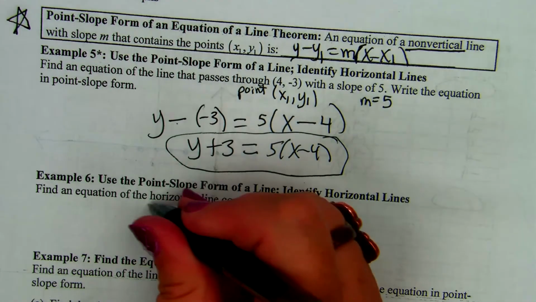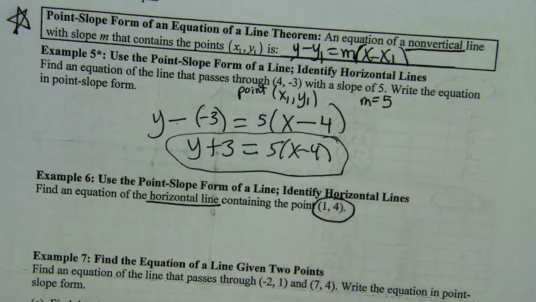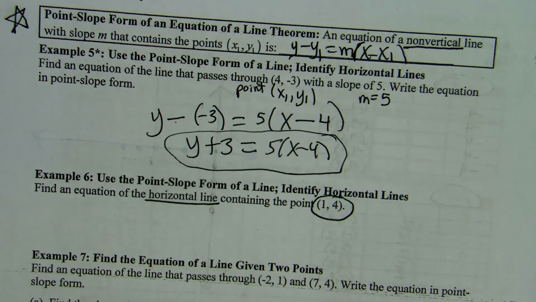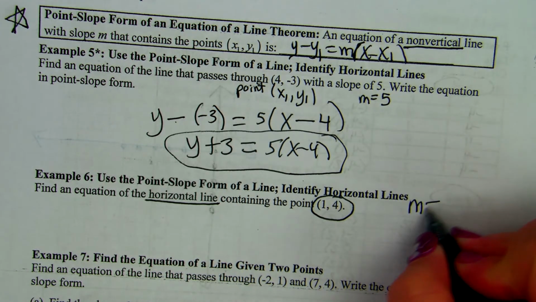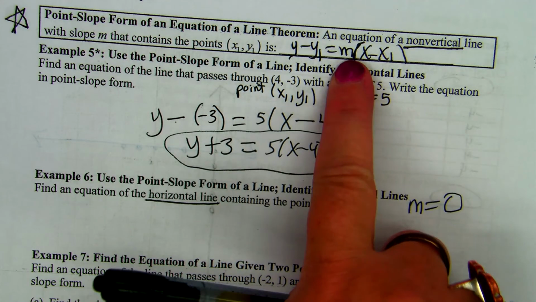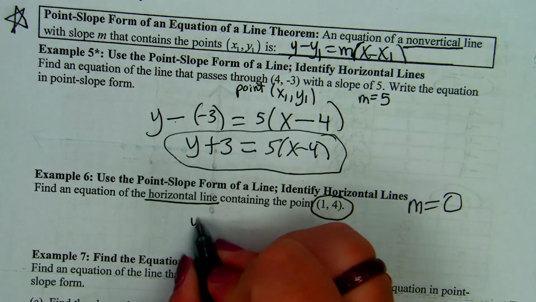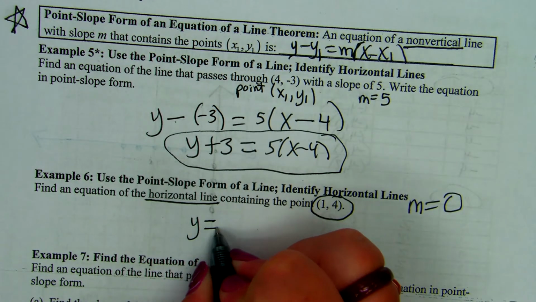This one is for a horizontal line that goes through this point. Is horizontal x equals or y equals? You can flick back to the other page, but we know the slope is 0. And when you put a 0 in this equation, this goes away and you end up with y equals.